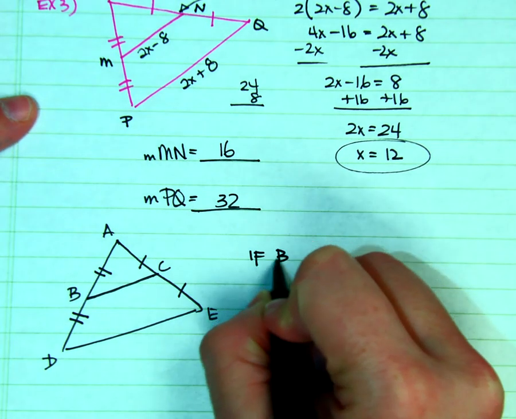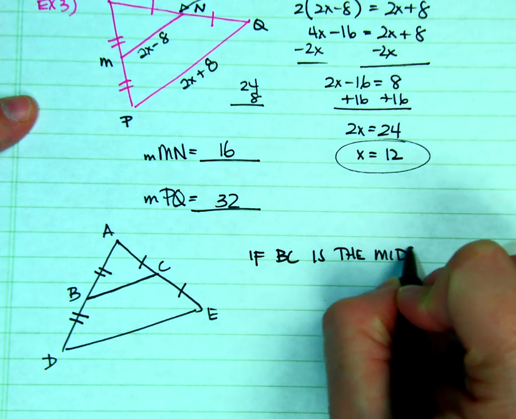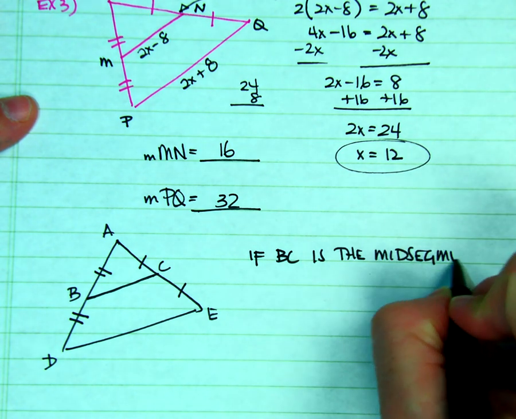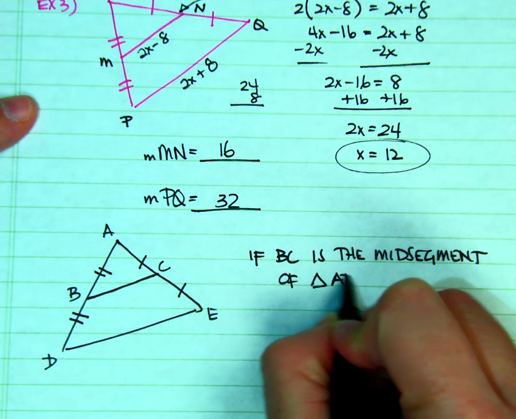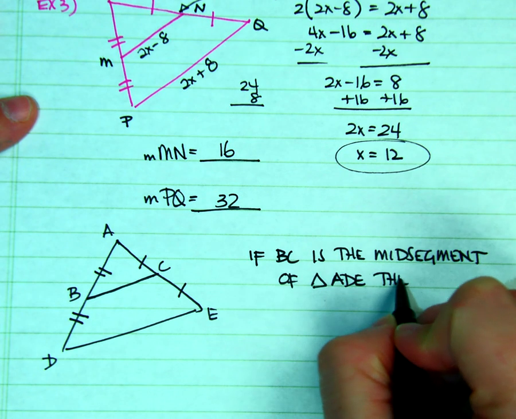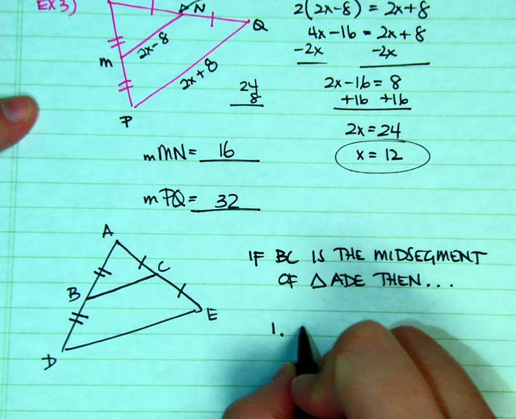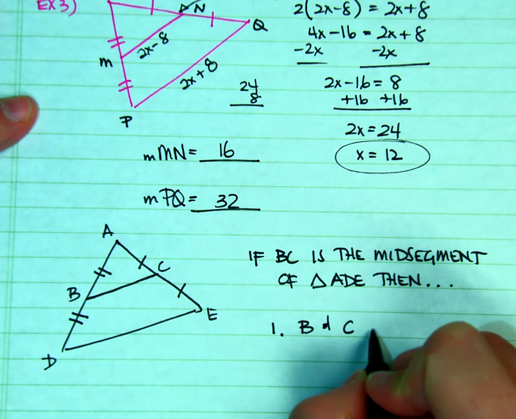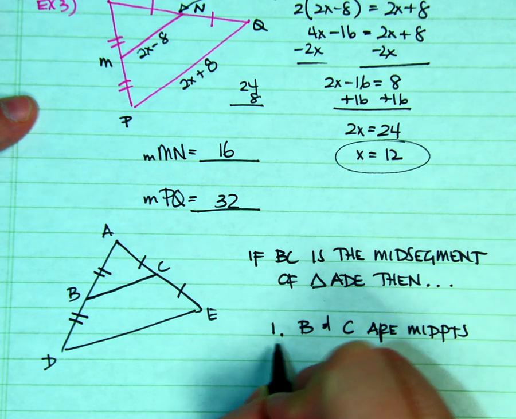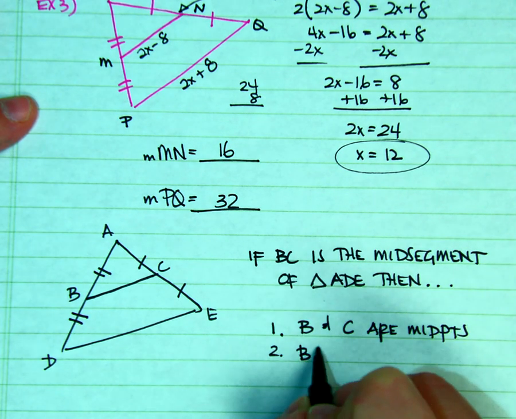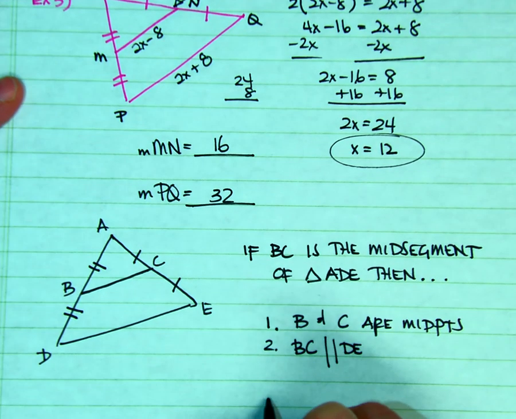If BC is the midsegment of triangle ADE, then 1, B and C are midpoints. 2, BC is parallel to DE.